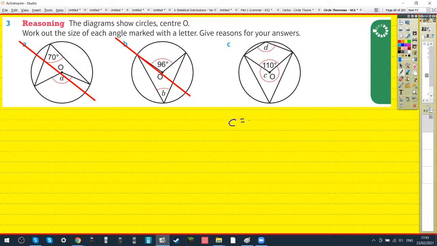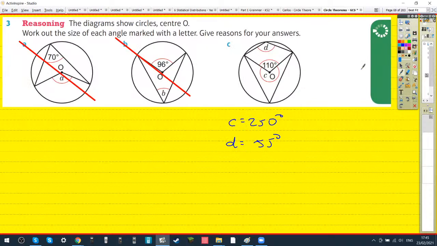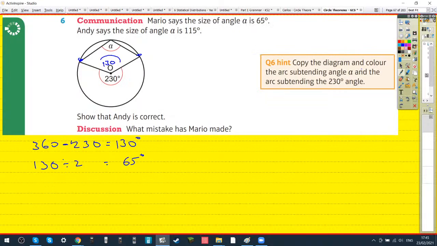Yeah. And D is 55 degrees. I think that's it. 250. And D's 125. They're saying it has to be half of that one. Did we... What is this? That's 230.